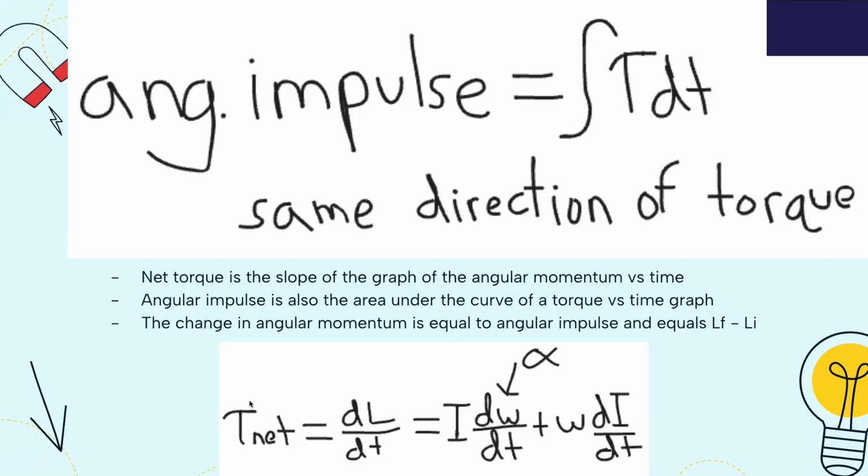So torque net is equal to dL dt. Again, this is similar to Newton's second law, the real version of Newton's second law. This is I d omega dt, which is angular acceleration, plus omega dI dt. Generally, you won't have problems where the moment of inertia is changing, but you might, and it'll be pretty simple.